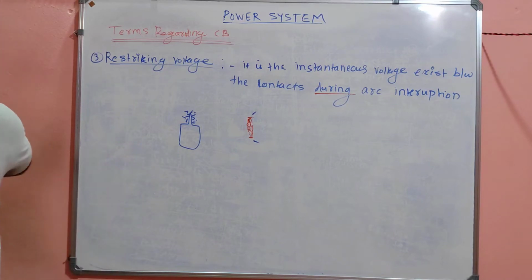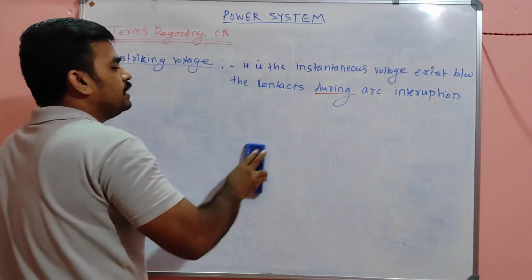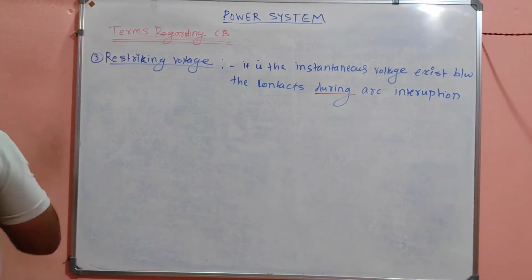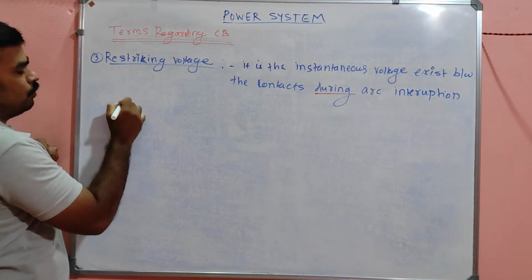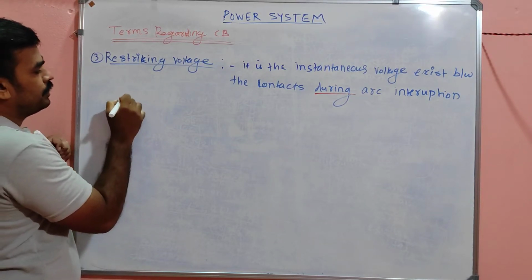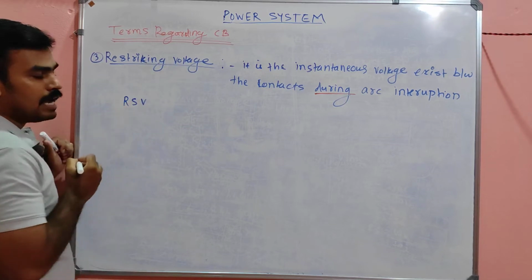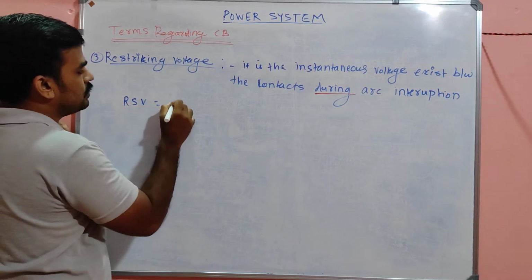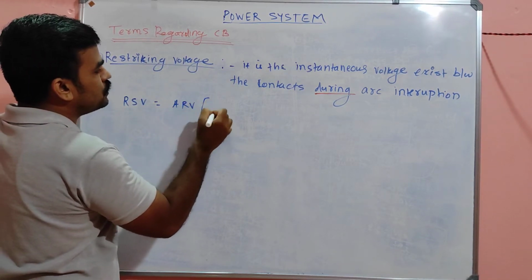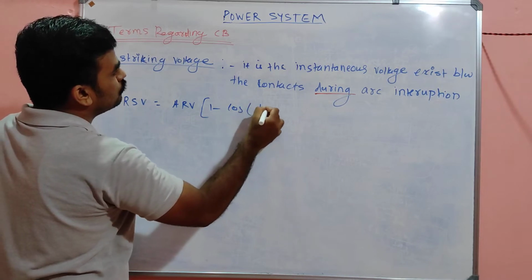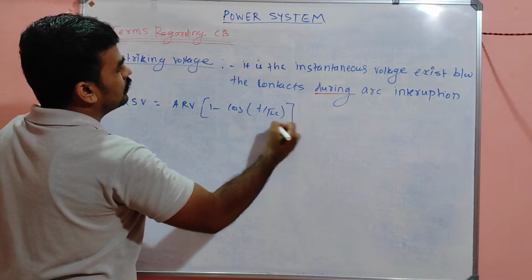And there is an equation for restriking voltage, my dear. Restriking voltage, RSV, I can say like this: active recovery voltage into (1 minus cos of t by root LC).